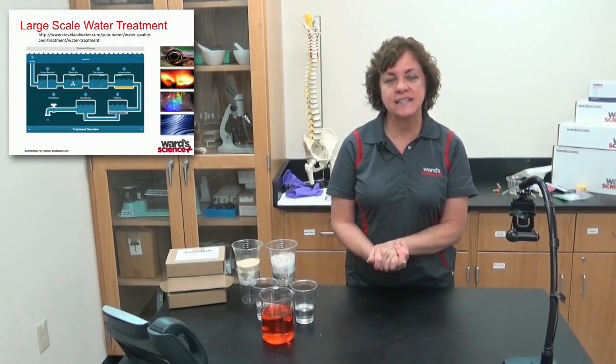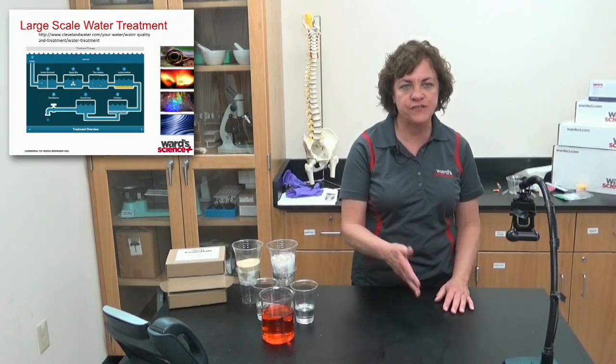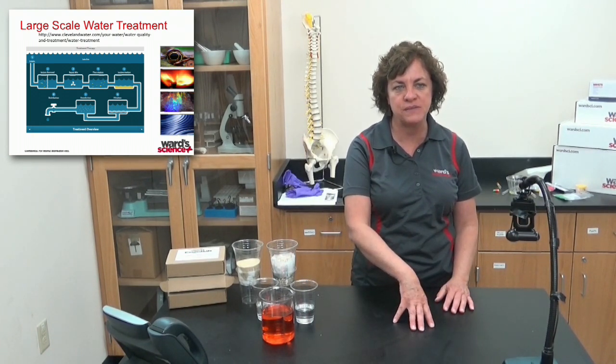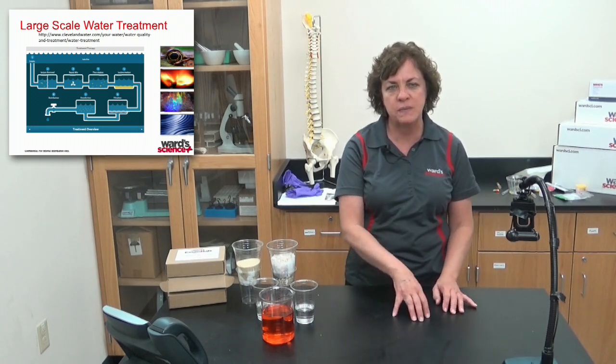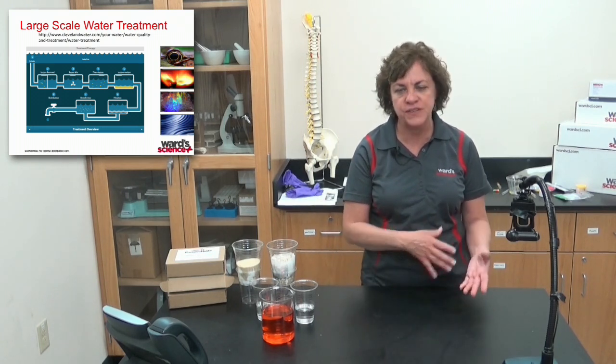So in this slide, this is actually the Cleveland water supply. And it goes through and tells you each step of how water is treated when it comes in before you can use it as drinking water. And so the first one is debris removal, or basically a rough filtration.